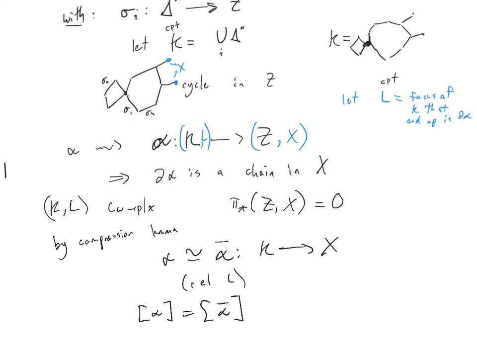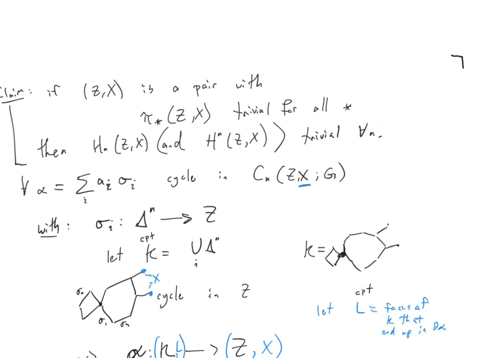Since the chain represented by alpha bar lands in X, it's 0 in the nth homology of Z relative X with coefficients in our group G. The guy we started with was arbitrary, and he has to land in X by compression. Therefore, they all do.